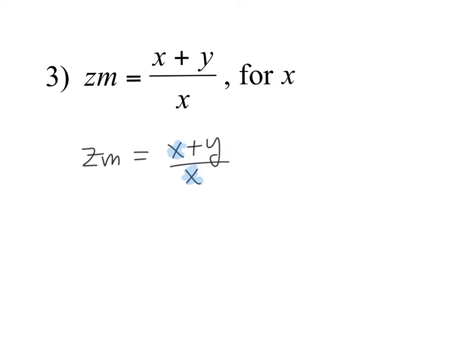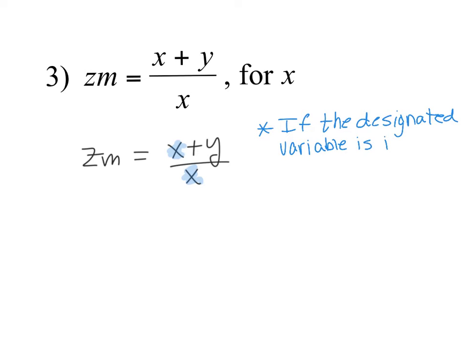Now I'm going to add another big idea, okay? And that is this, which I want you to write down. If the designated variable is in the denominator. Where's the denominator of a fraction?